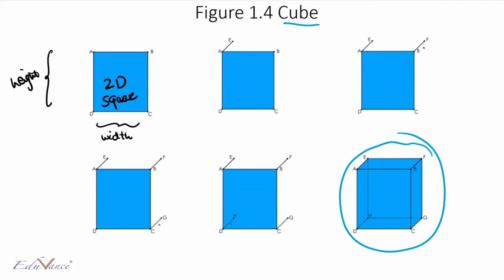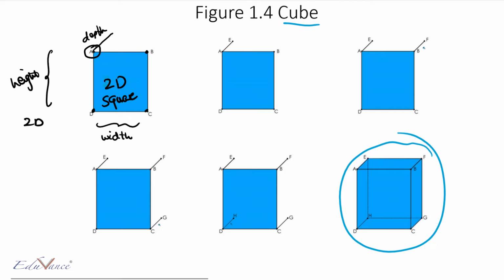It's one and the same. I have a two-dimensional image and I mark 4 points A, B, C and D, and I take my first point A and extend it by the depth that I want to extend it by.